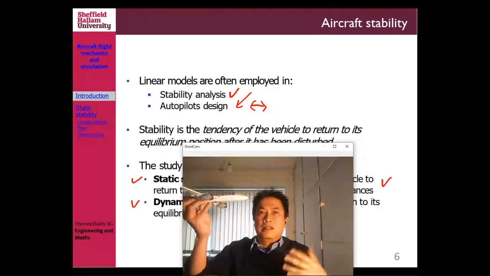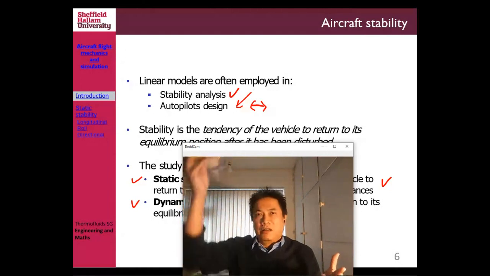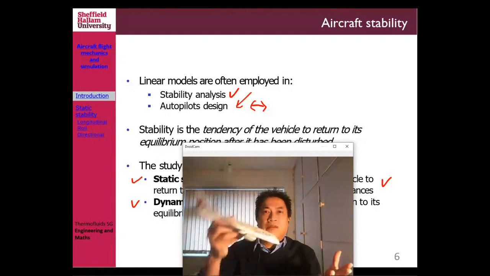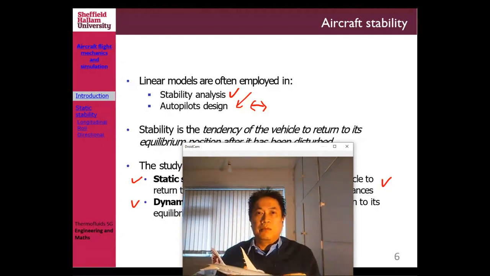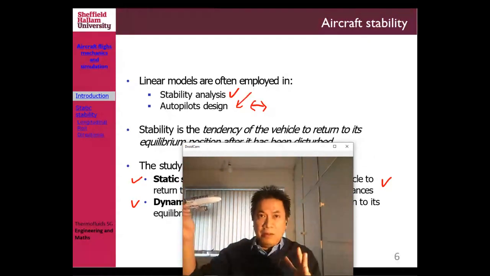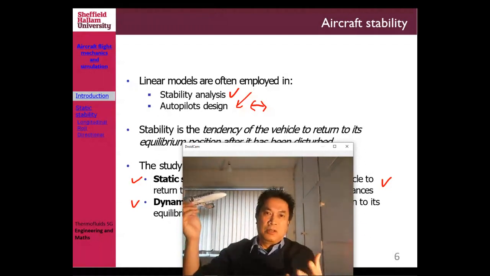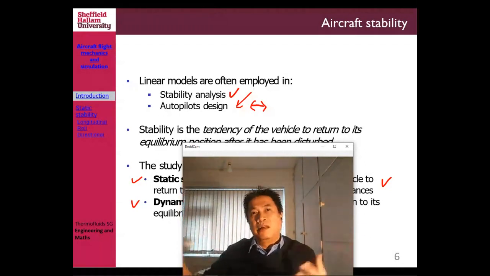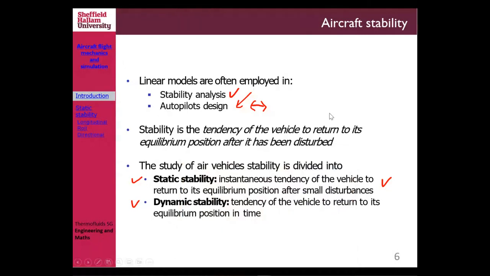If it converges, you could consider it dynamically stable, but with a diverging oscillation, your aircraft is dynamically unstable. So the aircraft could be statically stable but dynamically unstable, but of course the intention is to make it both statically stable and dynamically stable, right?